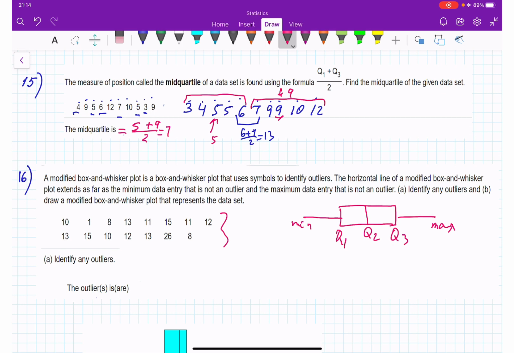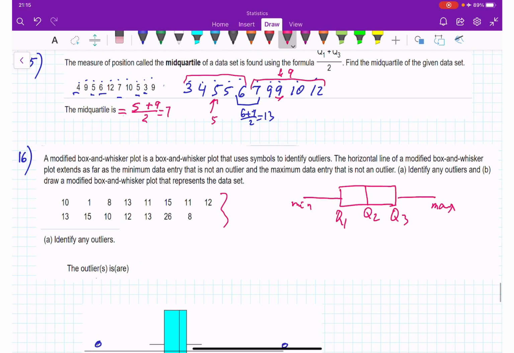Let me arrange it: it's going to be 1, next number 8, 2 eights, then 10, and then 11, 11, and then twice 12, and then 3 times 13.